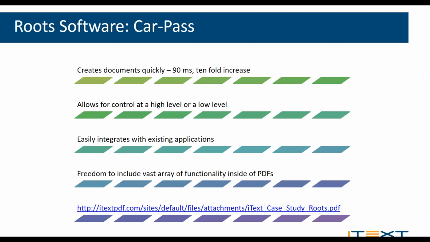And lastly, in the certificates they created, they wanted to be able to make sure that the PDFs they created were compliant with a number of different specifications, and that they were able to include things like QR codes. So iText was able to help them make those PDFs that met the specifications they were looking for, and also to be able to include QR codes of any kinds that they were looking for.